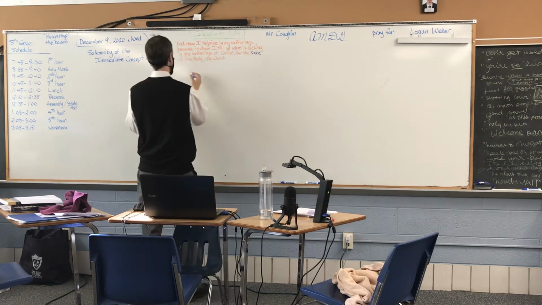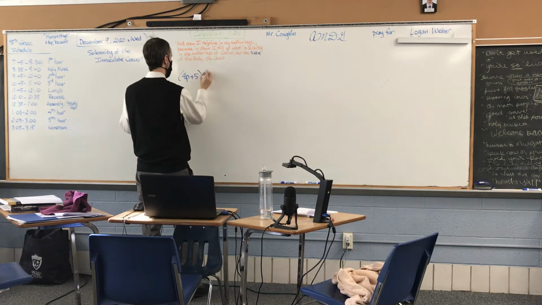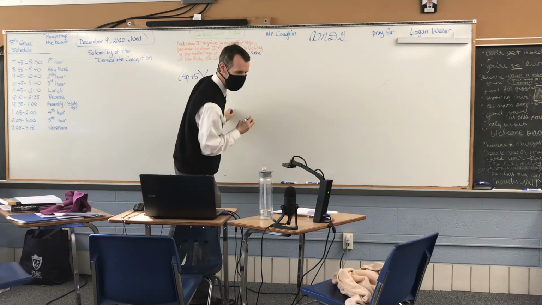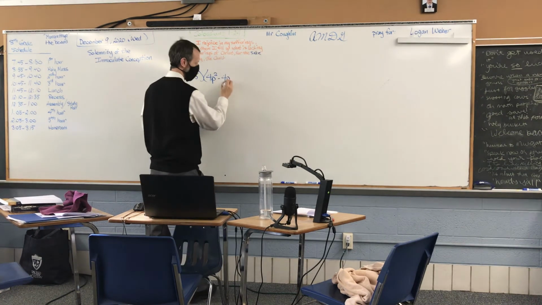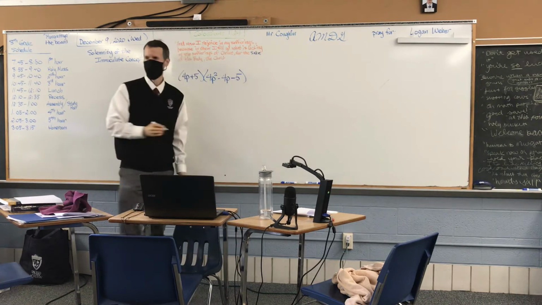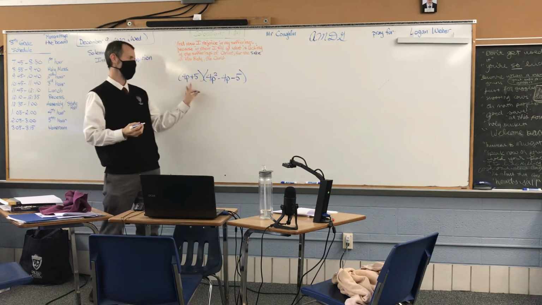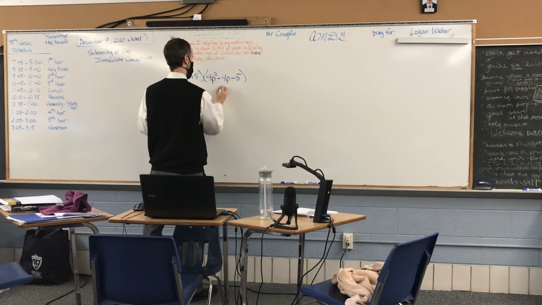It's 4p plus 5 times 4p squared minus 4p minus 5. When you're multiplying like a 2-digit number and a 3-digit number, I put the smaller one underneath. So I'm going to do this.